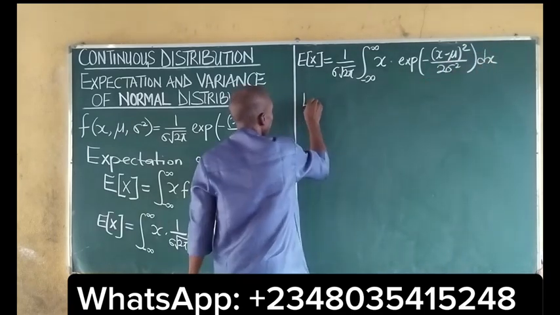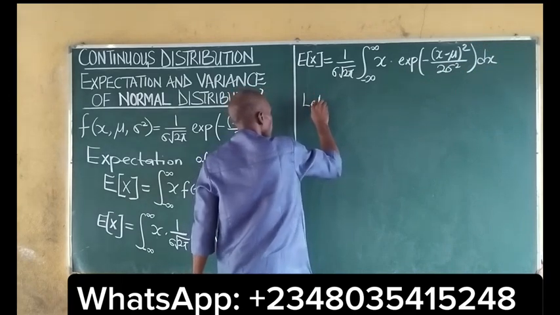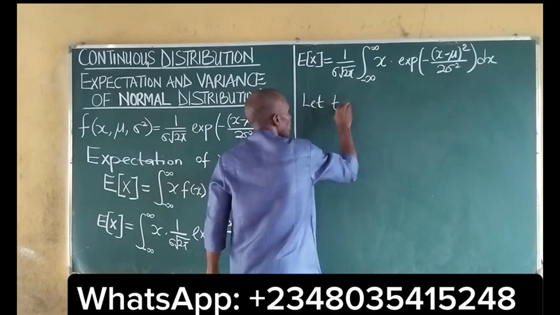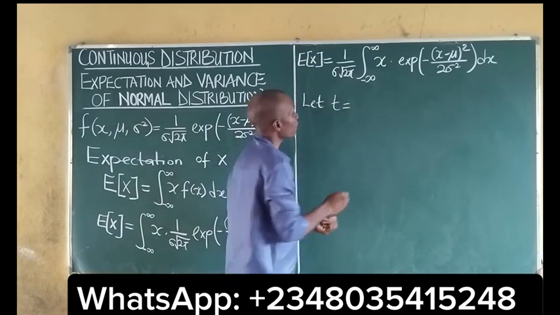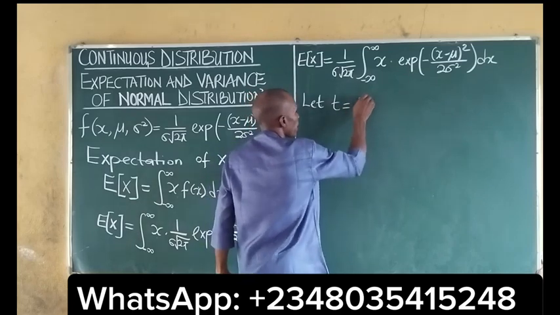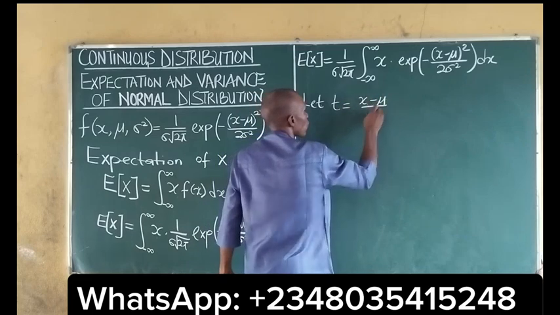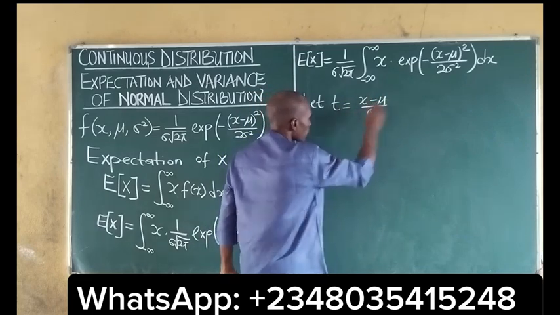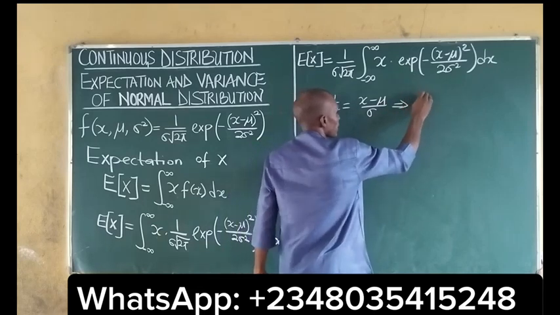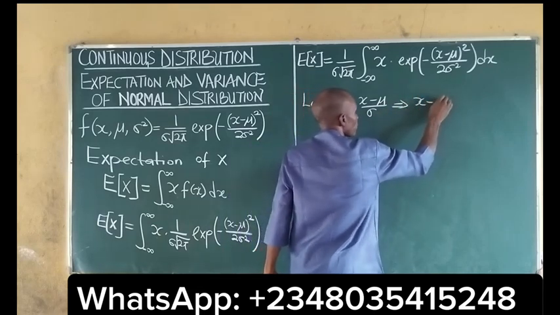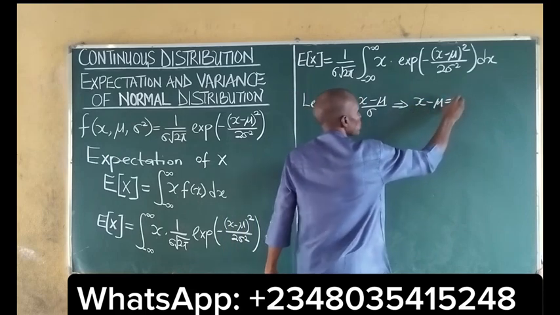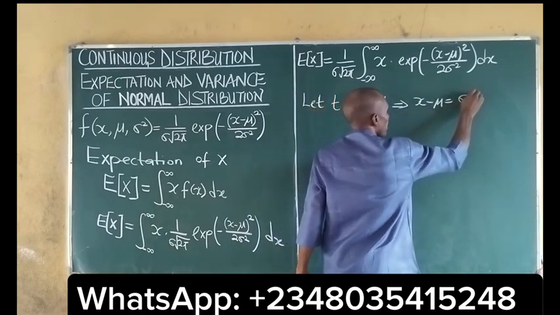Of course, using change of variable, let t be equal to (x minus mu) all over sigma. It implies that x minus mu is equal to sigma t.